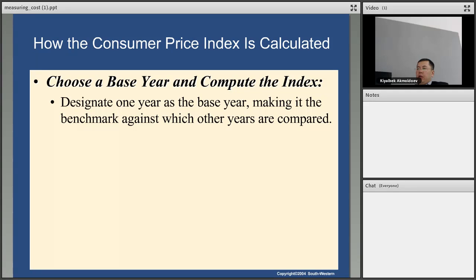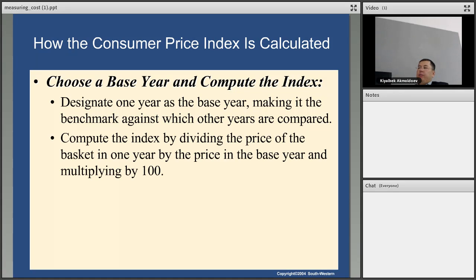So the aim of choosing a base year is to compare today's year with the base year.